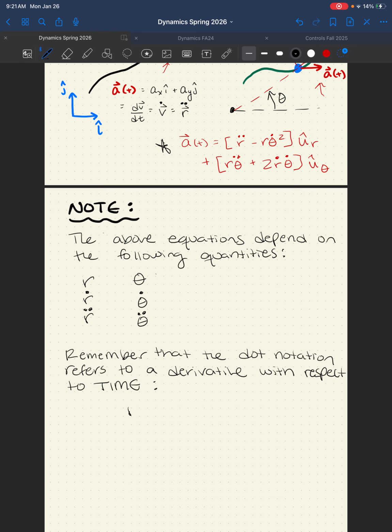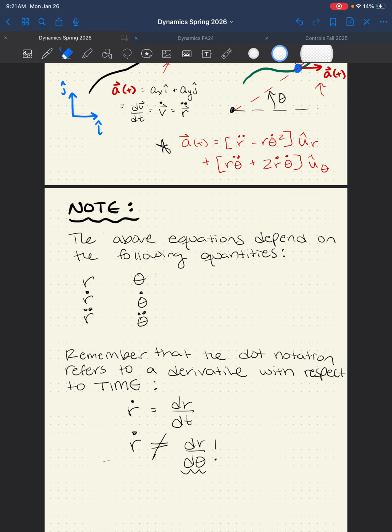That is to say, r dot is equal to dr dt specifically. So it is not the same. R dot is not equal to, for instance, dr d theta. Okay, so this denominator matters in this derivative.